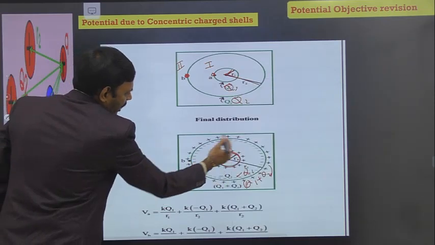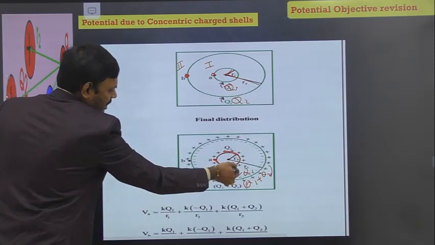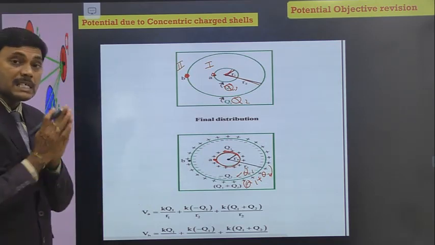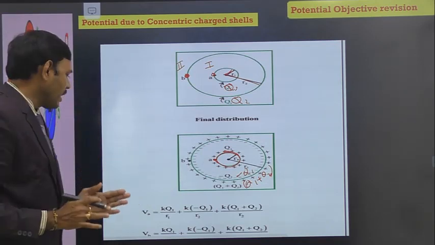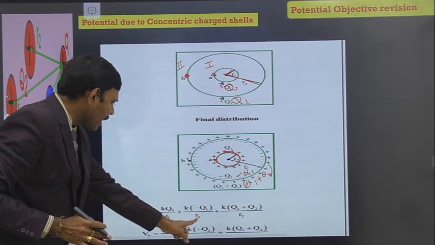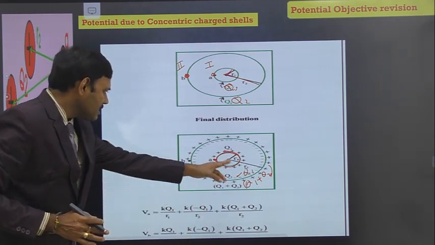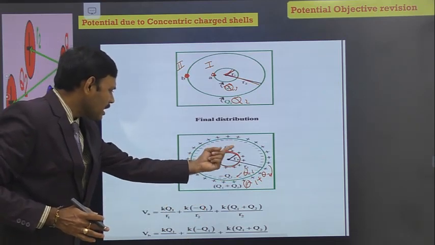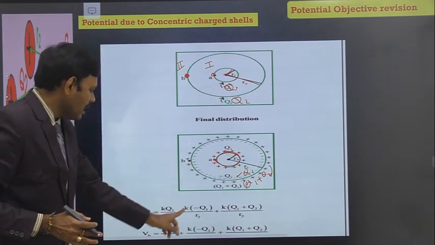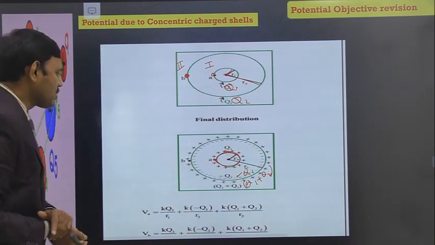At an inside point the potential is constant and equal to the surface value. Hence k into minus Q1 by r2, since the surface radius is r2.